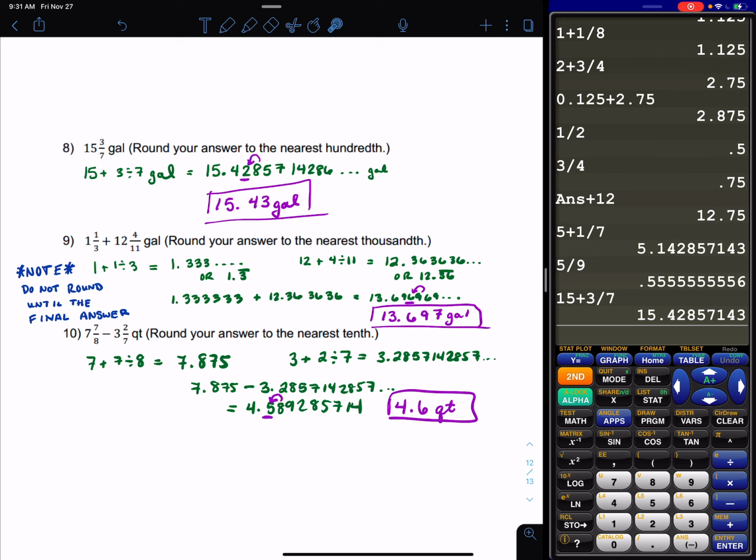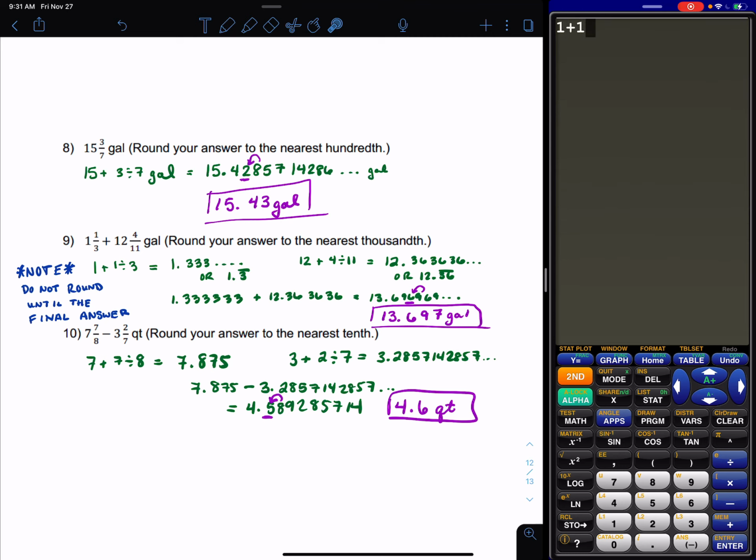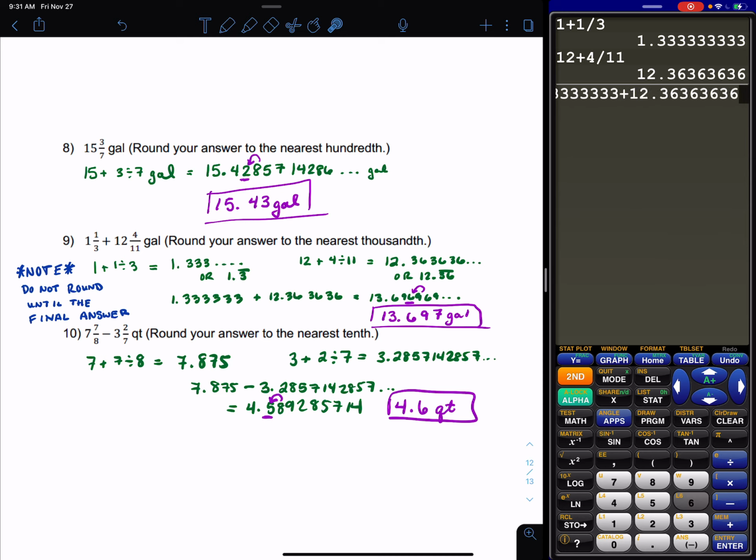So I'm going to do 1 plus 1/3, which gives us 1.3 repeating, and 12 plus 4 divided by 11. And that gives us 12.36 repeating. Notice we can write that with the bar over both the 3 and the 6 because they repeat as a pair. So I'm going to do 1 point, a whole bunch of 3s, plus 12.36, a whole bunch of those repeating 36s.